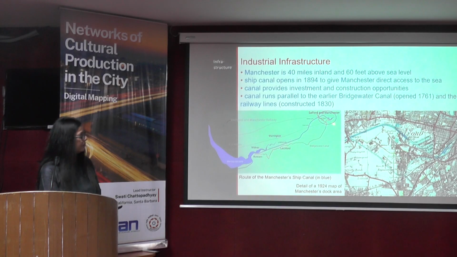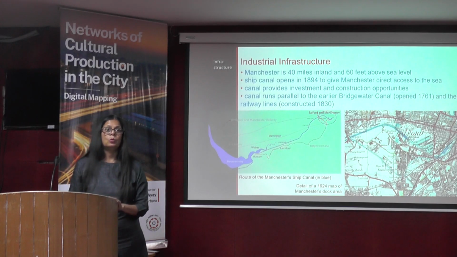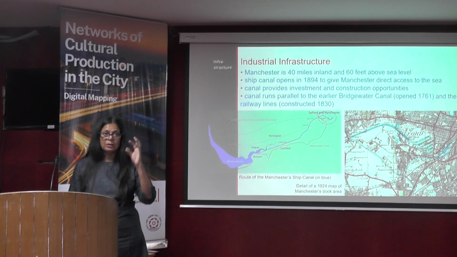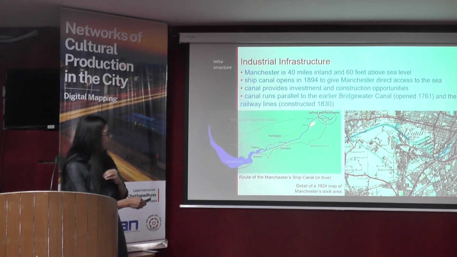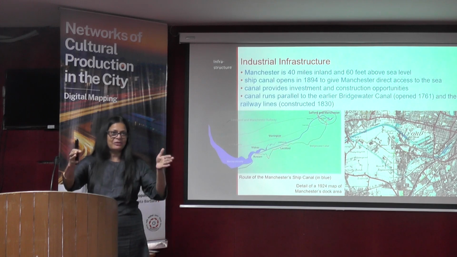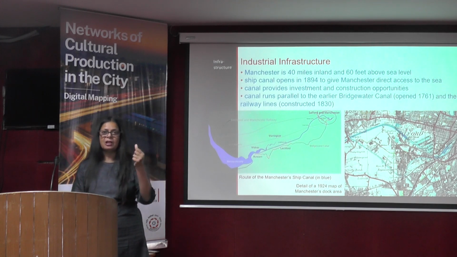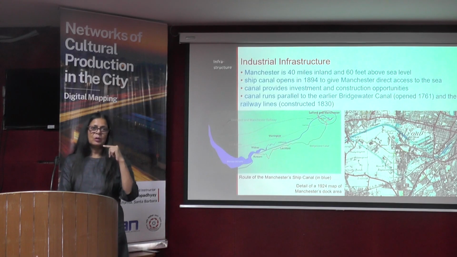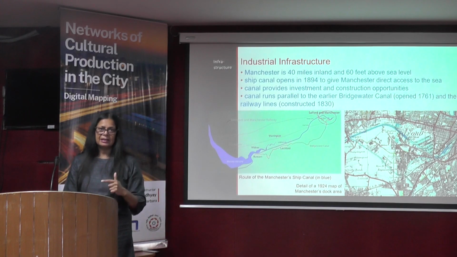But its biggest achievement was that it connected to the Mersey Estuary and Liverpool. Liverpool was the ocean-going port. Without that connection, if this part takes too much time, it's not efficient. So to make production and marketing efficient, both the railway lines and the canals were built.